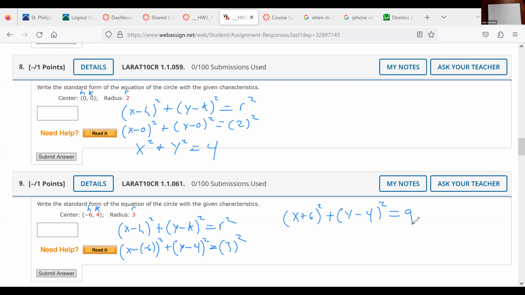But if they give you a center and a radius, it should be no problem to get the equation of a circle. Any questions or concerns with 8 and 9?